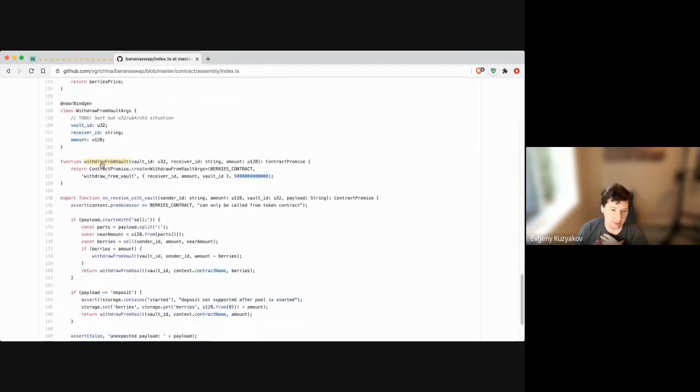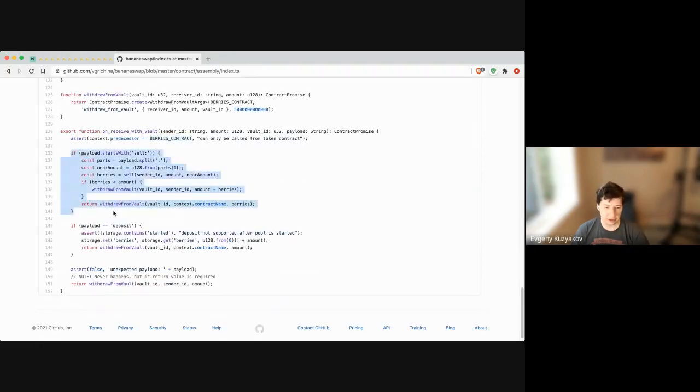So at the end we have the implementation for the transfer with vault receiver. On receive with vault, which is the interface that the banana contract, or the Berry Club contract, communicates with this BananaSwap contract, it verifies that it can only be called by the token contract.